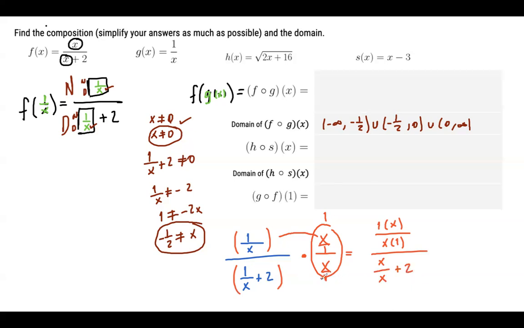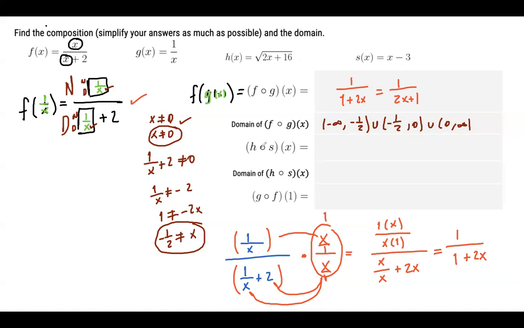But that 2 is also being multiplied by X, so we have to multiply by both terms. So this is going to end up as X over X, that's 1, divided by X over X, once again 1, plus 2X. So your final answer is not going to look as messy as we had it there. It's going to be 1 over 1 plus 2X, or 1 over 2X plus 1. And that's pretty much it.